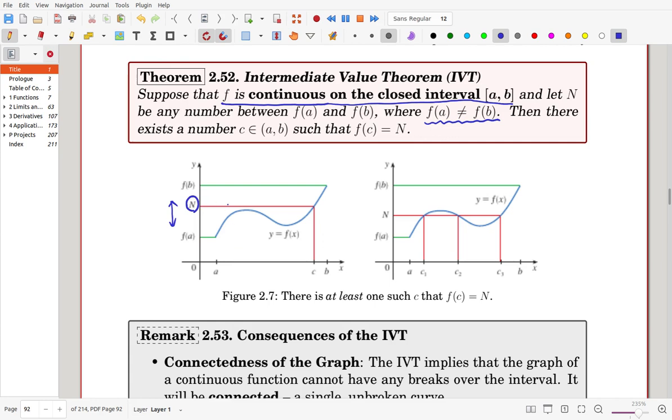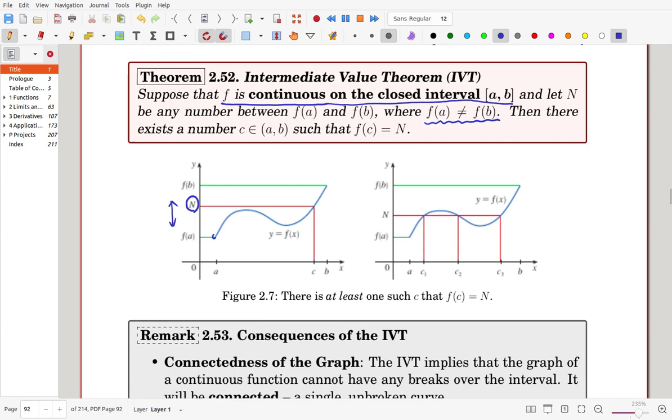If we choose any n, then we can find a c between a and b. Here c is a horizontal directional quantity. So there is a c such that at c the function value is n. It must be true because it is a continuous function.